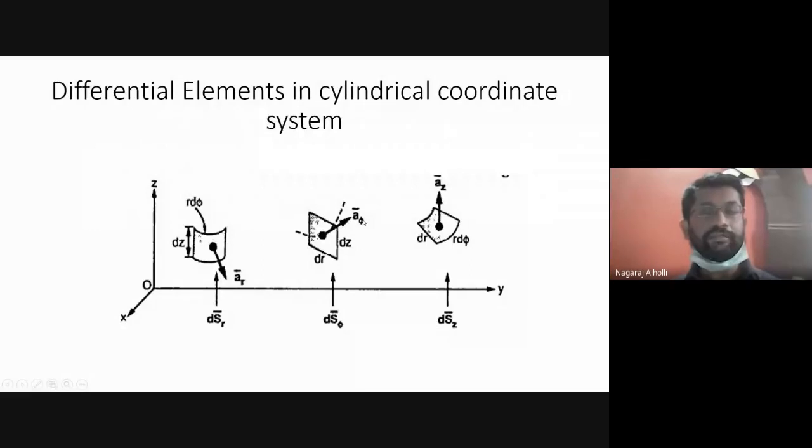Then this is the side dr, this is r d phi, and the mutually perpendicular direction will be az bar. Hence the surface area is dr into r d phi multiplied by the unit vector az bar. That gives ds z bar, fine.